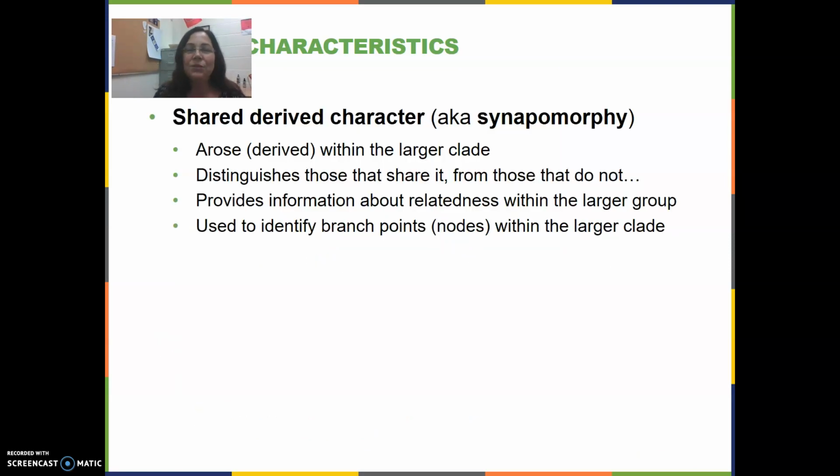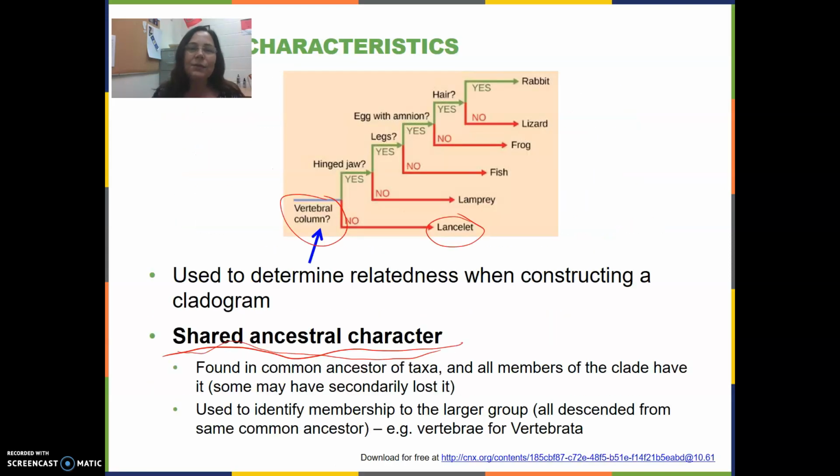A shared derived character, which is also known as synapomorphy, is derived within the larger clade. So it distinguishes those that share it from those that do not. For example, a shared derived character would be the amniotic egg, and that is shared with the lizard and the rabbit.